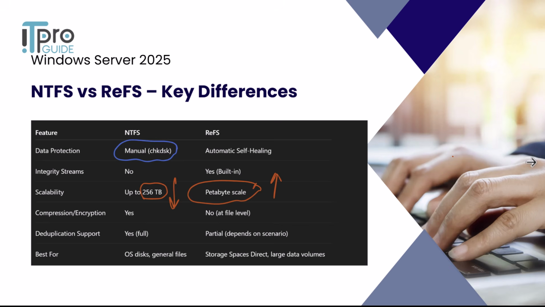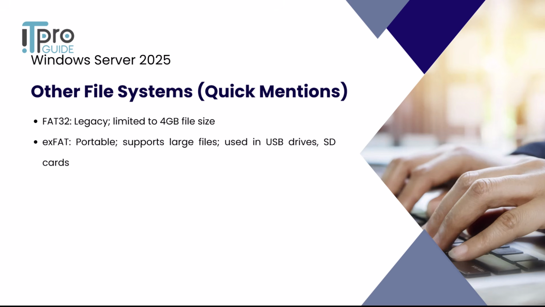However, NTFS remains essential for features like file-level encryption and compression, which ReFS does not fully support. Therefore, we have to choose wisely depending upon the workload. It's not just that we use either ReFS or NTFS; it is to choose wisely based upon our requirements. Now, apart from NTFS and ReFS, you may encounter older file systems.